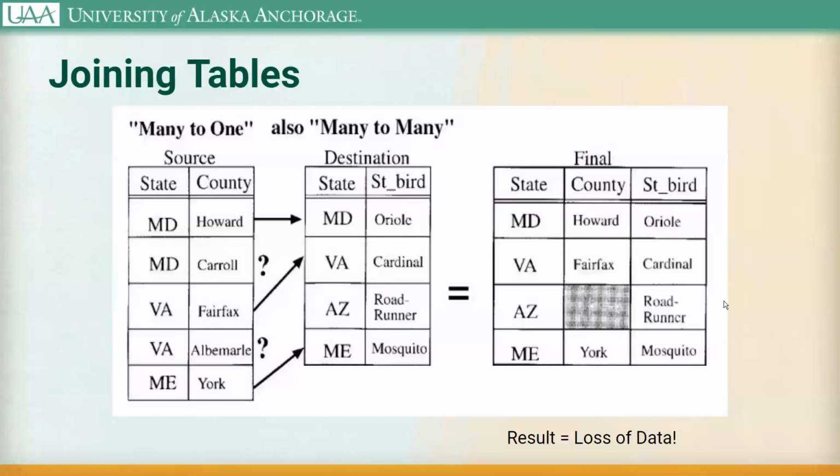So I don't know that I see this as the most obvious example of this problem, but you could start to see how, in other situations, if you were having to make decisions about which information you were going to keep, sometimes that decision is not the most straightforward. You know, we've chosen to use the county Howard. Well, what about Carroll? They've gotten thrown out now.